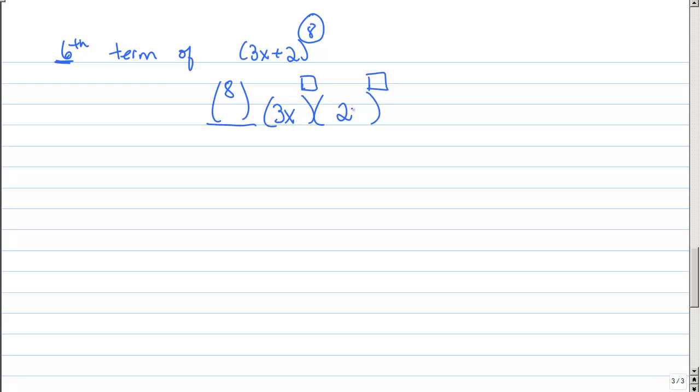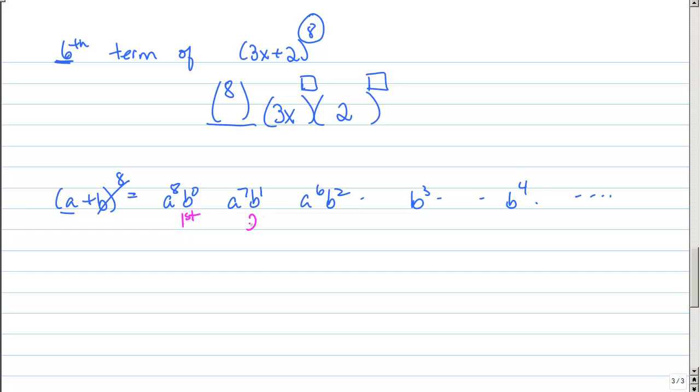If I go back to this and start doing the b's, b0, b1, b2, 3, 4, and so forth. Well, let's just count. This is the first one, the second one, the third, fourth, fifth.